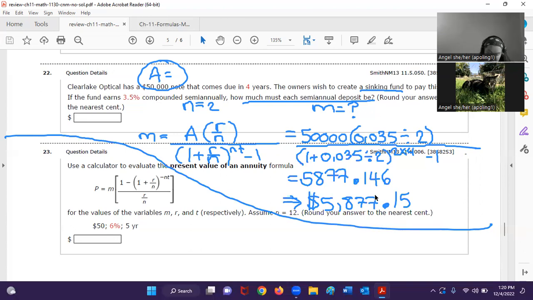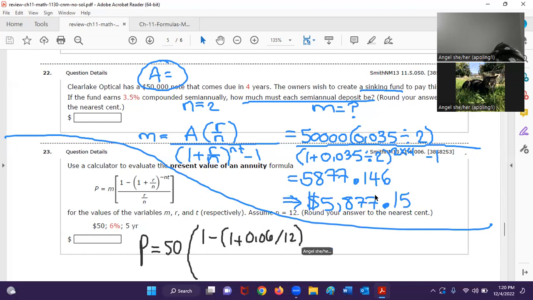The second one, they just give us the info, right? So on 23, just literally plug and chug. So M equals 50. And then our numerator, 1 minus 1 plus rate divided by 12 raised to the negative 12 times 5 all over the rate divided by 12.